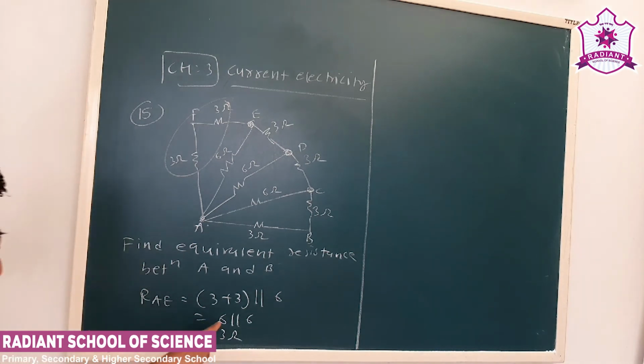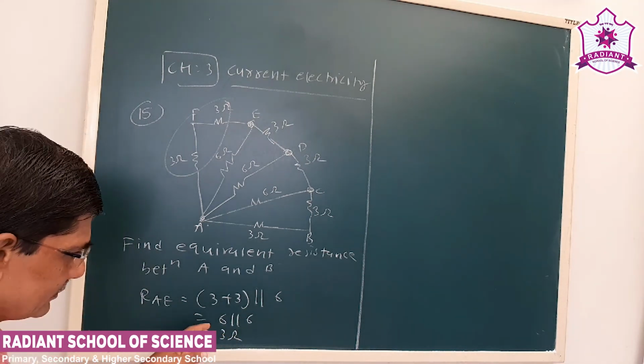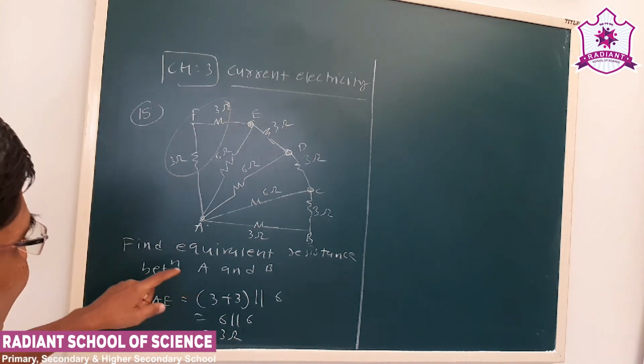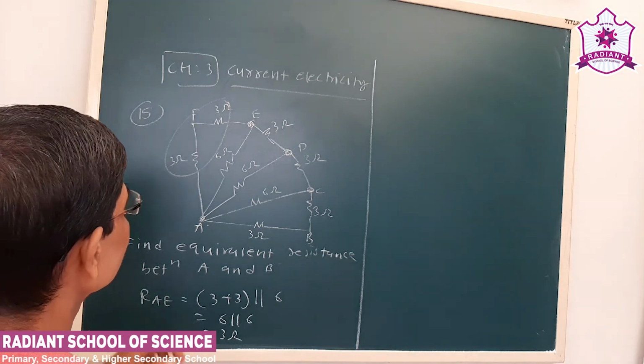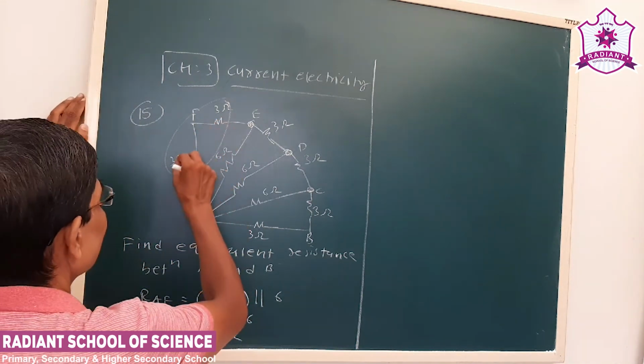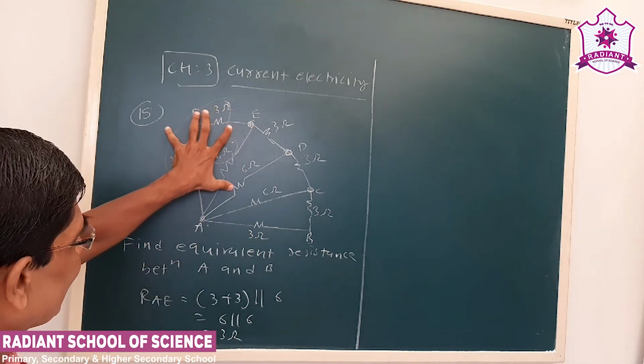When resistances of equal value are in parallel, it will be R by N, here N is equal to 2. Now we get 3 ohm. This 6 ohm is in parallel with 6 ohm, that gives 3 ohm.